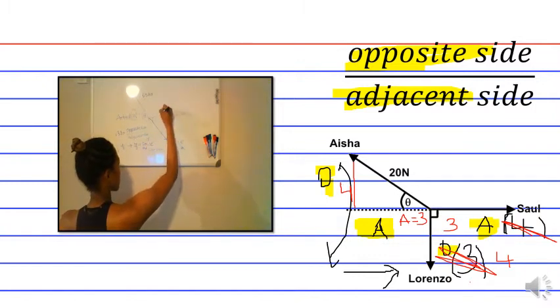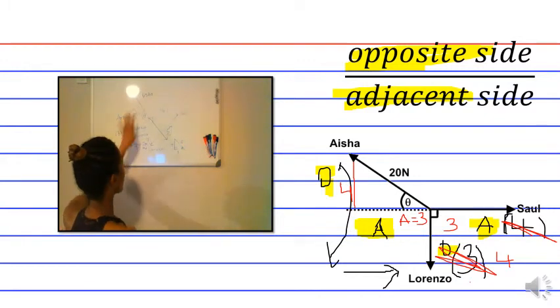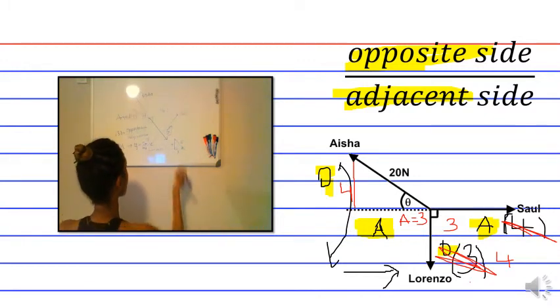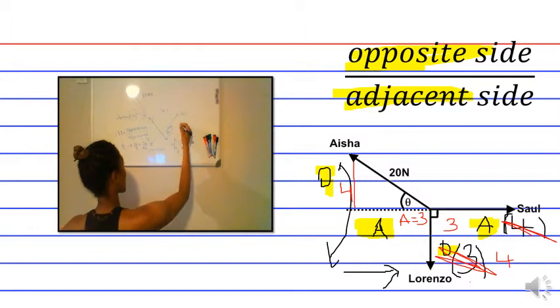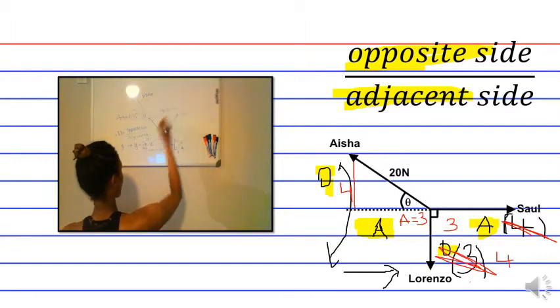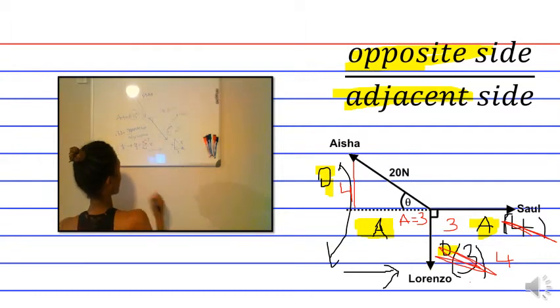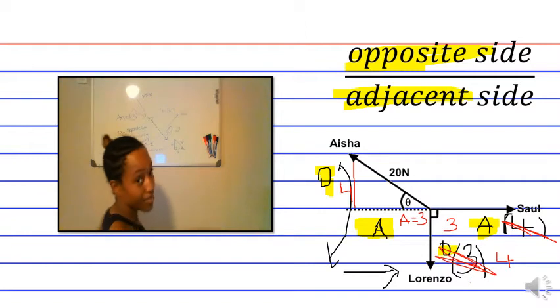That would mean the other side is proportional to 4. But if we know that the actual magnitude of that side is 20, the sides are proportional to 3 and 4, so you multiply everything by a factor of 4. And then you get the actual lengths of the sides.